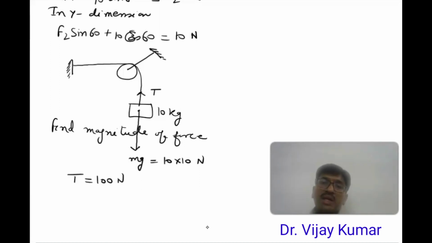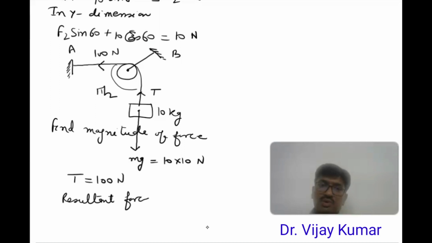As the pulley is balanced by these two rigid plates A and B, an equal and opposite tension should act, and it should also be 100 Newton. And it means two forces are working on the balanced pulley at 90 degrees. So the resultant force F should be equal to under root.